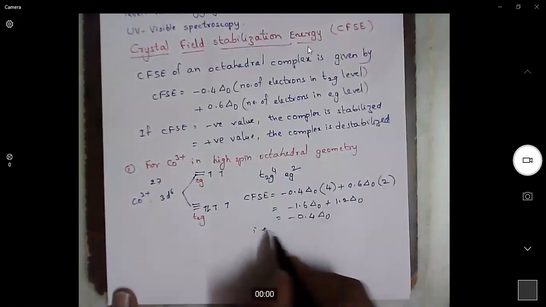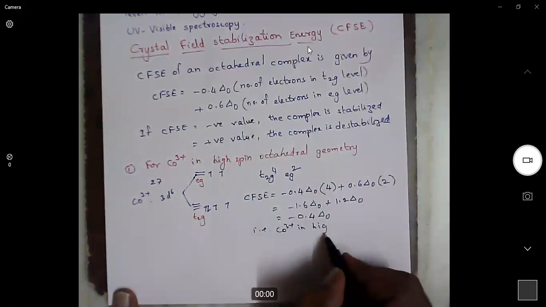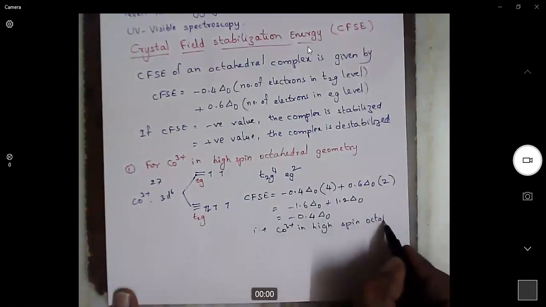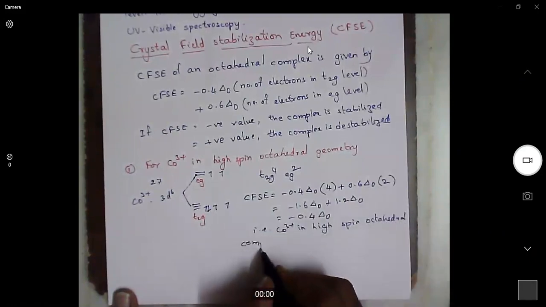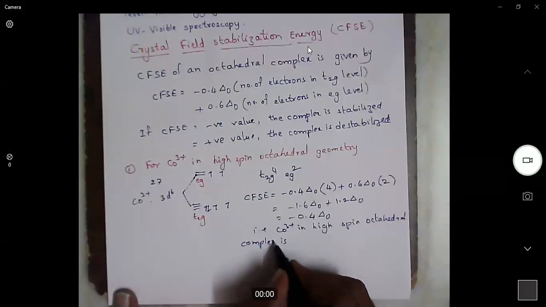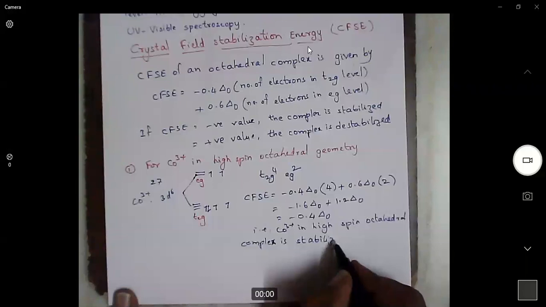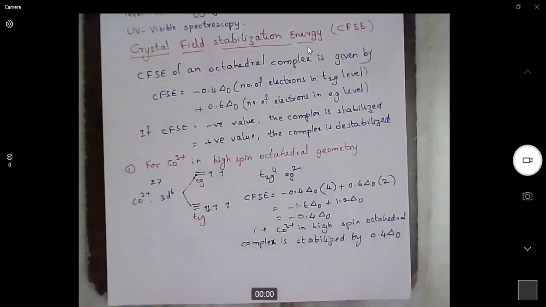That is, Co3+ in a high spin octahedral complex is stabilized by 0.4 delta naught. CFSE, the stabilization energy, is 0.4 delta naught.